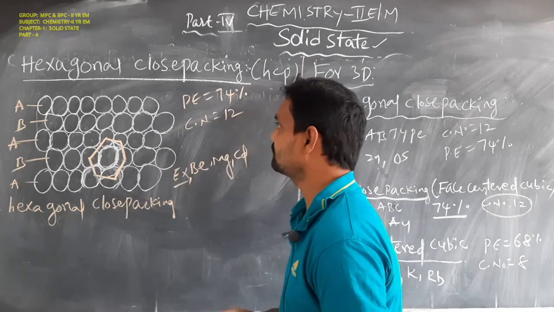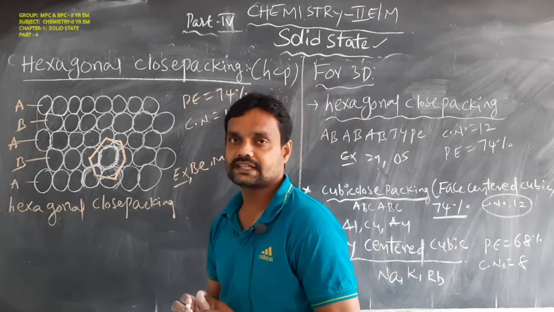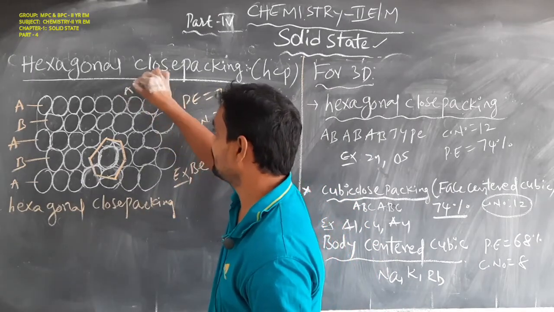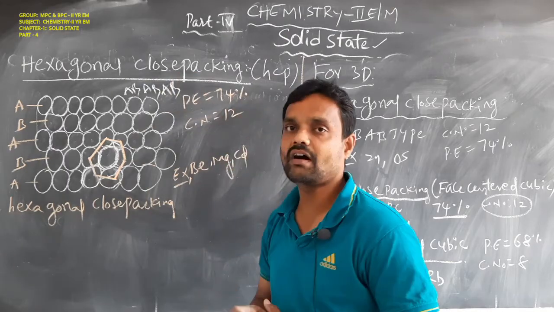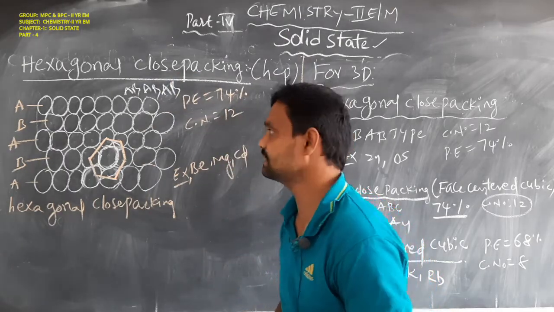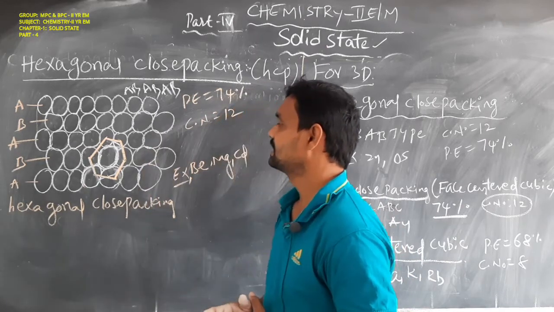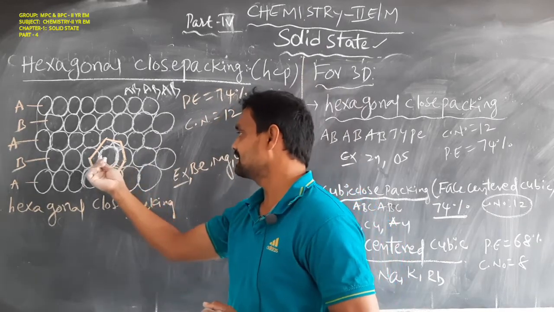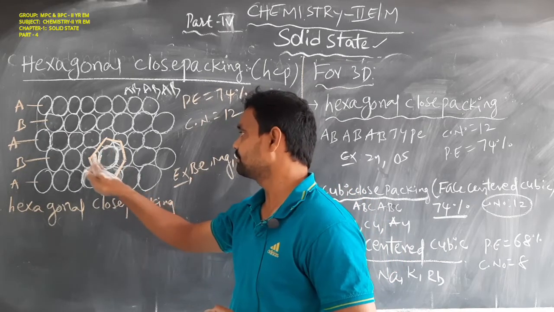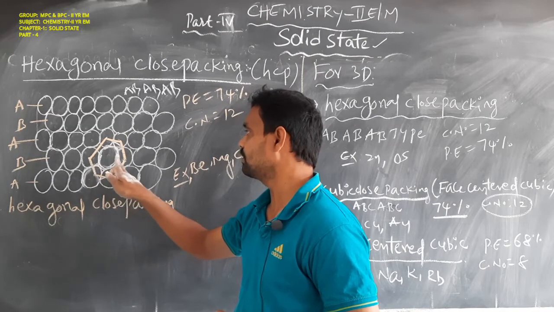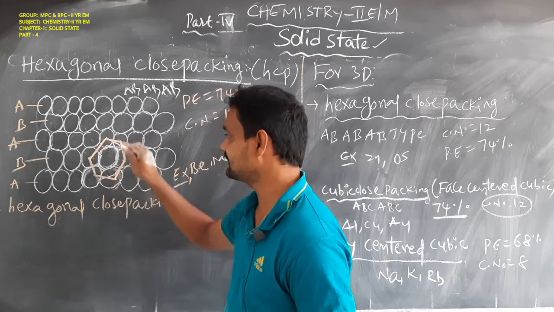Means in hexagonal close packing, the atoms are arranged in an AB type of arrangement. Okay, students? When they are arranged in this type of arrangement, we consider the central atom. This atom touches 1, 2, 3, 4, 5, 6, six atoms.